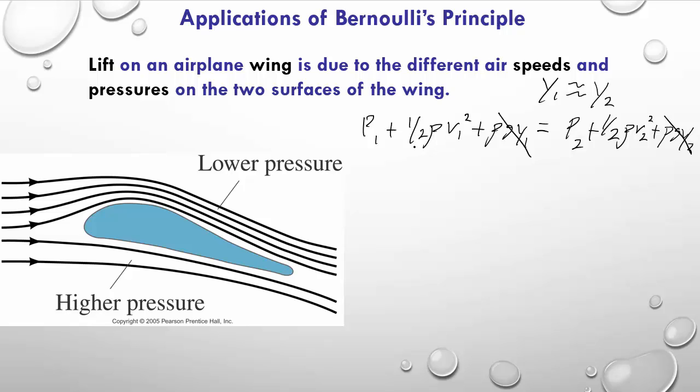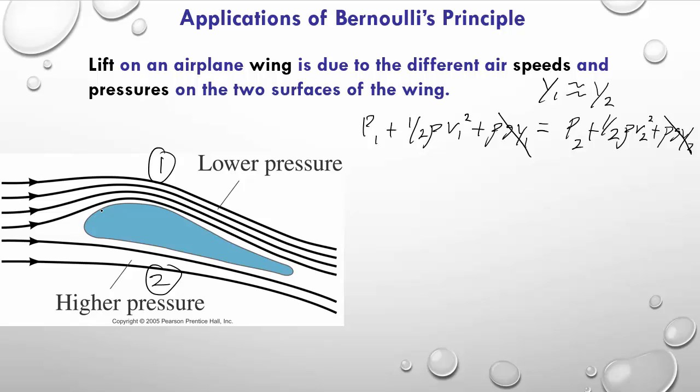So the only thing that's different on each side of these equations is the pressures and the velocities. So let's say that the top of the wing is situation 1 and the bottom of the wing is situation 2. Well, this is why airplane wings have this specific shape. They are kind of rounded over the top, and this was a major innovation that the Wright brothers discovered that gave them an advantage over others who tried to fly before them.